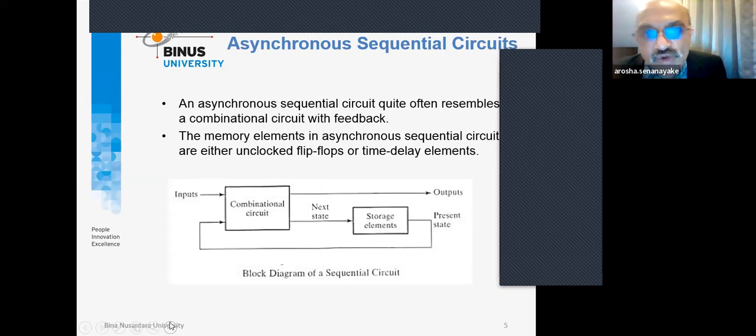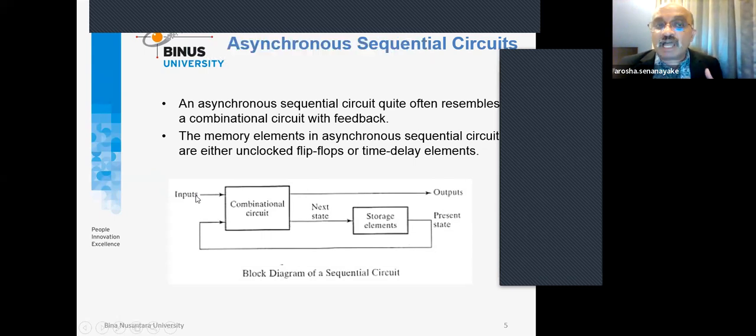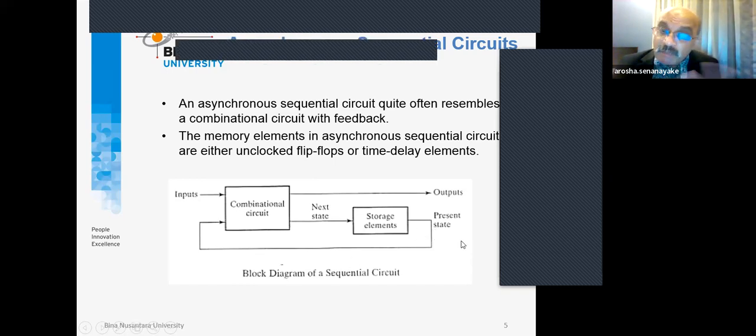Importantly, as you can see from this slide, there is a feedback from the output of the combinational circuit to the input of the combinational circuit. So the output does not solely depend on the inputs you have from combinational circuit design, but at the same time it is also governed by the so-called feedback. This feedback is coming straight away from the output, as you can see.